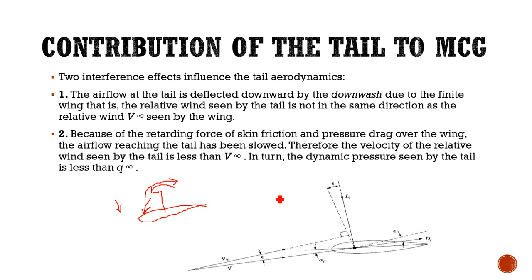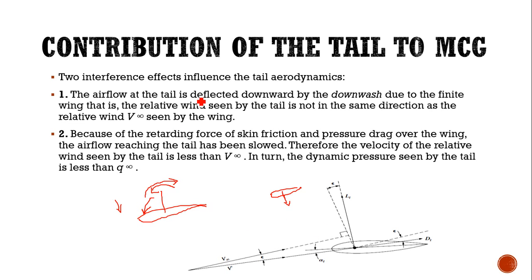So for that purpose, we are using a tail. Because of this tail, the aircraft is brought back to the equilibrium position. In the tail, an opposite or negative lift acts for a pitch down moment, and because of that the aircraft is pitched up and brought back to the trimmed position. So this is the purpose of the tail.